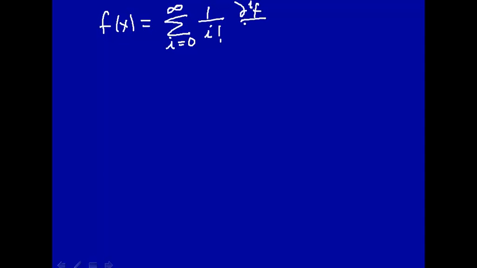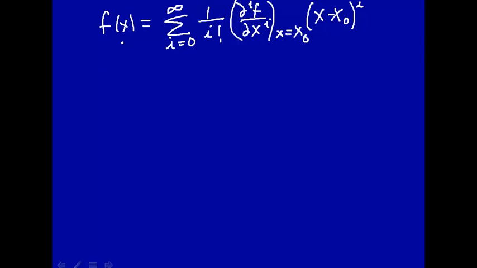Just to refresh our collective memory, a function f of x can be expressed as the sum for i equals 0 to infinity of 1 over i factorial, the ith derivative of f with respect to x, evaluated at the point x equals x0, times (x minus x0) raised to the ith power.